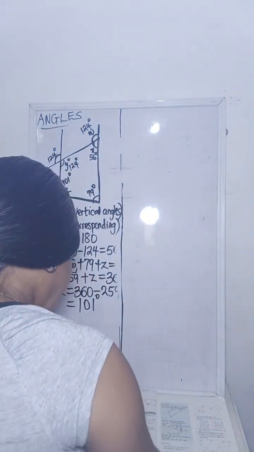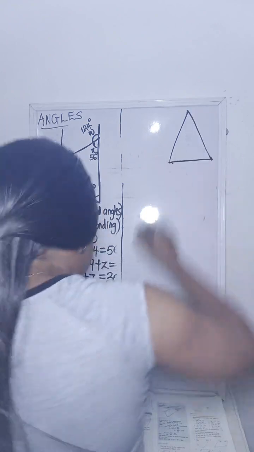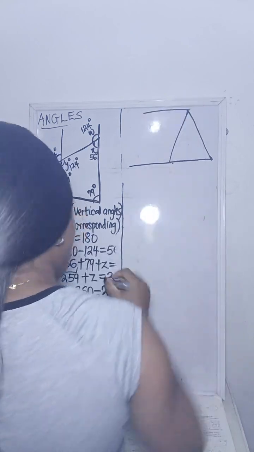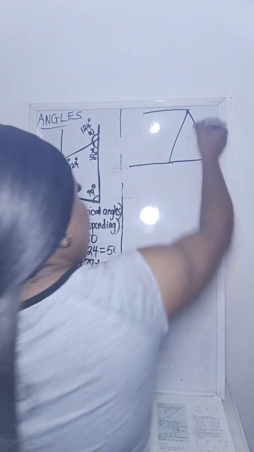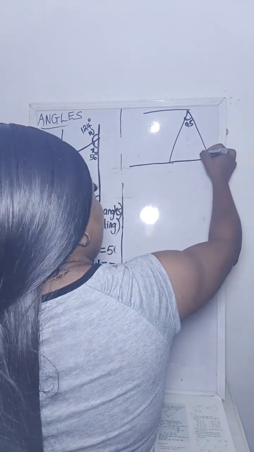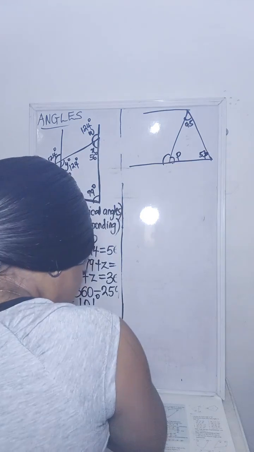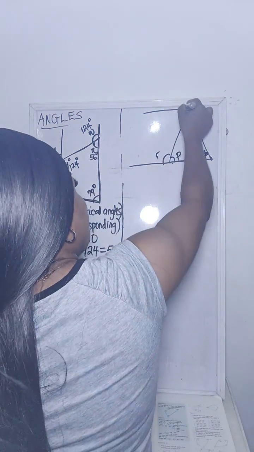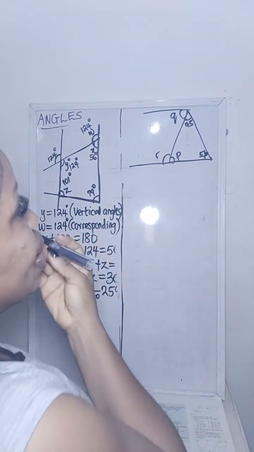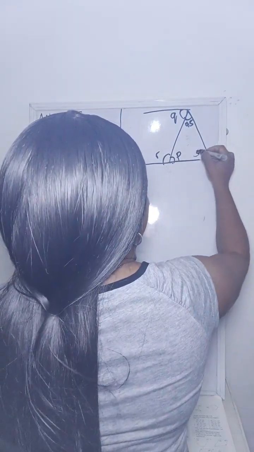So I have this, and this extends this way. I have 45 here. I have 53. I have P. I have this to be R and this to be Q. This is 53.